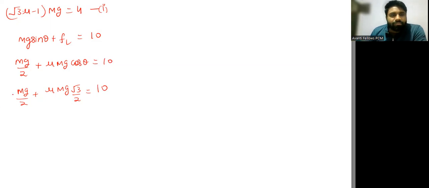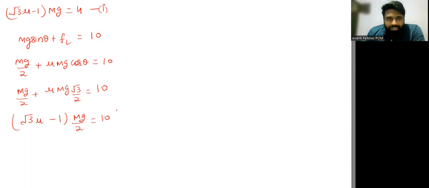Again you will take mg by 2 common. So it will become root 3 mu plus 1 into mg by 2 is equal to 10. This is equation number 2.